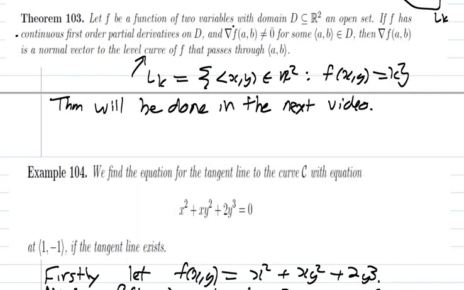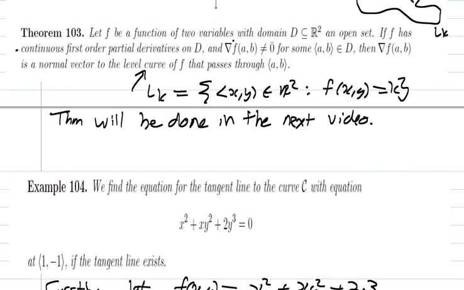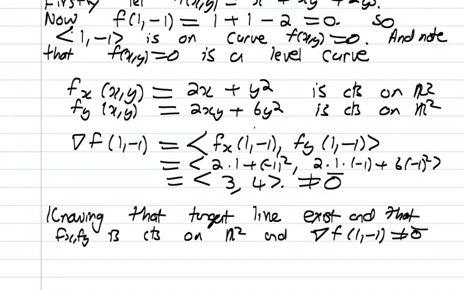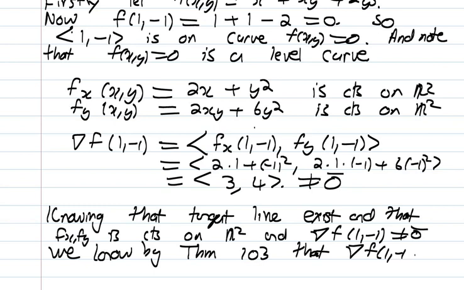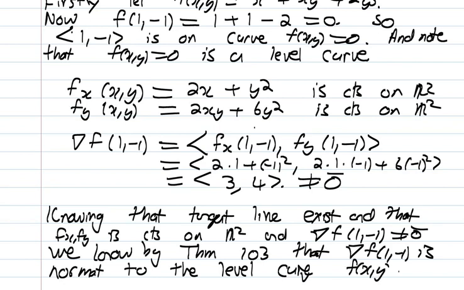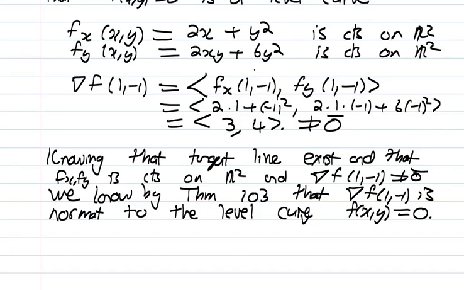So the partial derivatives are continuous and grad f is non-zero. We know by theorem 103 that grad f is normal to the level curve f(x, y) equals 0. All right, and that is the level curve that contains the point (1, -1).